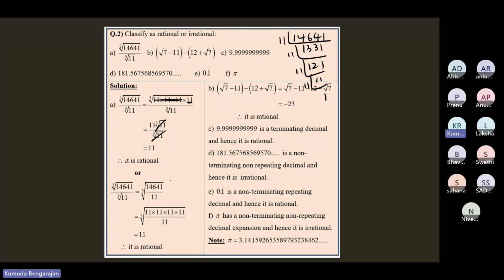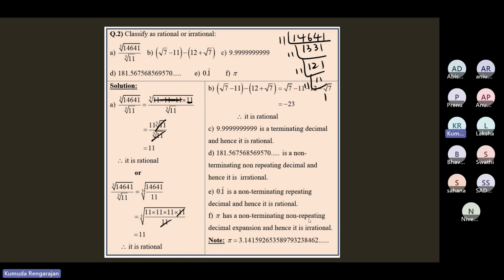Or you can also do it like this. Instead of using the cube root symbol separately, you can write cube root of 14,641 by 11. So again, the same thing. Now 11 and 11 will get cancelled, and from 3 11s, 1 11 will come out.